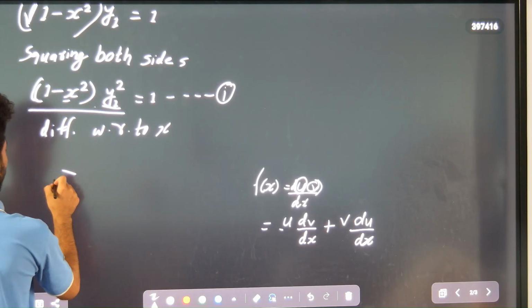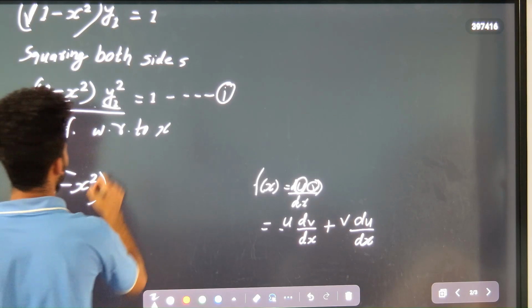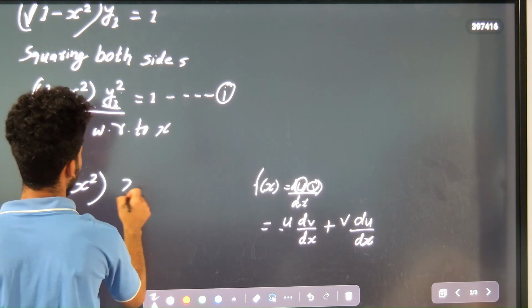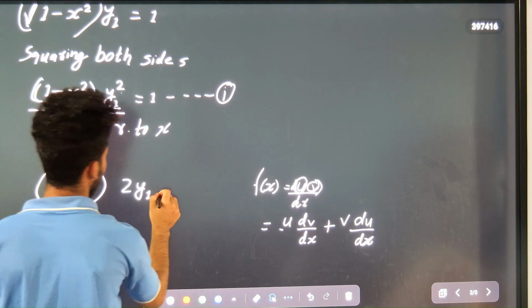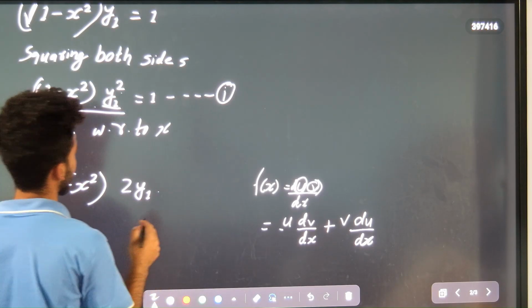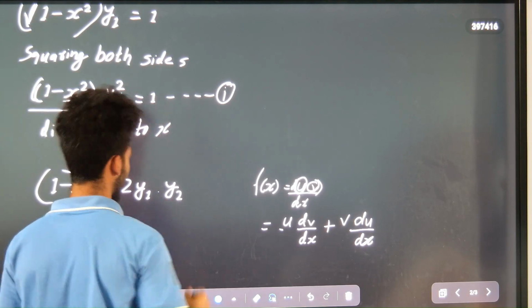So 1 minus x square, the derivative of this is 2y1, and again differentiating y1 with respect to x, this is y2.